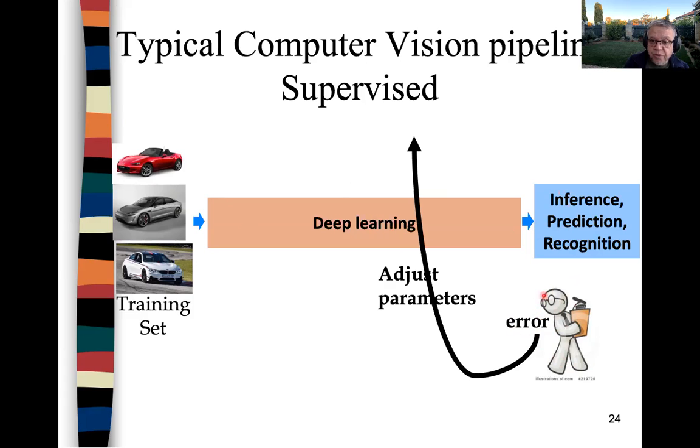So it has some ground truth, which tells it what object it is when you're doing your training. Then you take the error that the classifier has made and feed it back to your deep learning system to adjust its parameters, to change and modify them, okay?